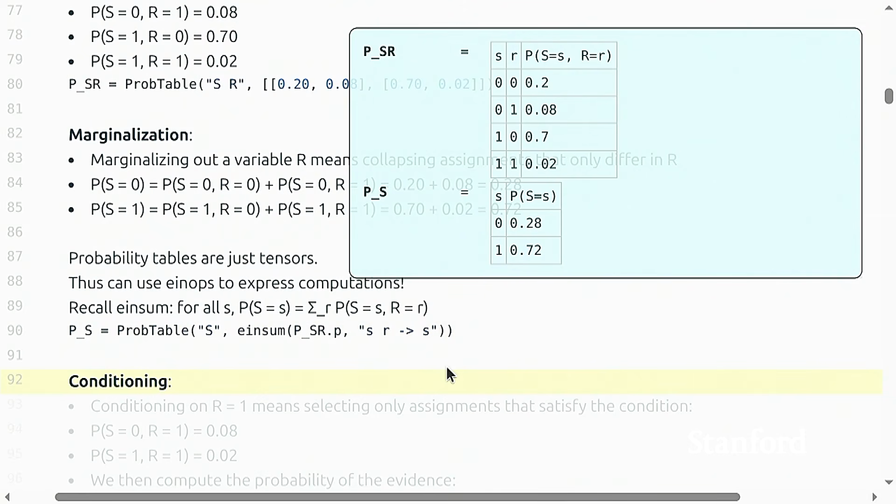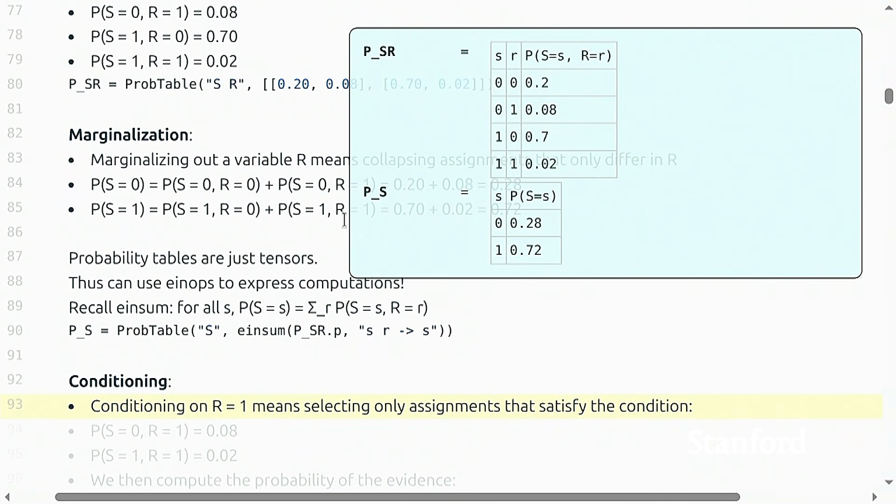All right, so the other major operation in probability is conditioning. Intuitively, when you condition on a partial assignment, like R equals 1, it's raining, it means that you're only selecting the assignments that satisfy that condition. These are the possible assignments.